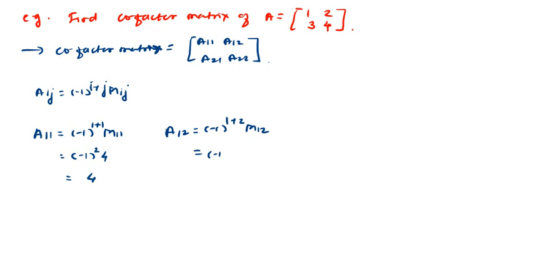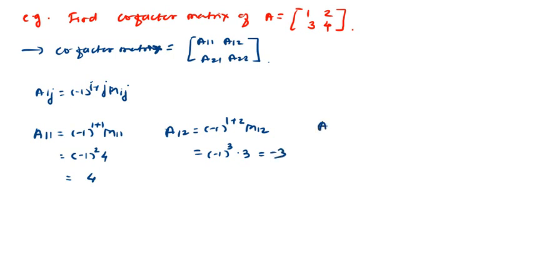This will be minus 1 raised to 3 into M12, and M12 is the minor of the element A12. So this is the element A12. Hide the row and the column where that 2 is present. What remains? 3. This is equal to minus 1 raised to 3, which is minus 1, so this will be minus 3.